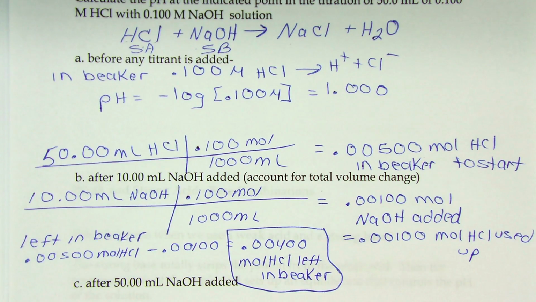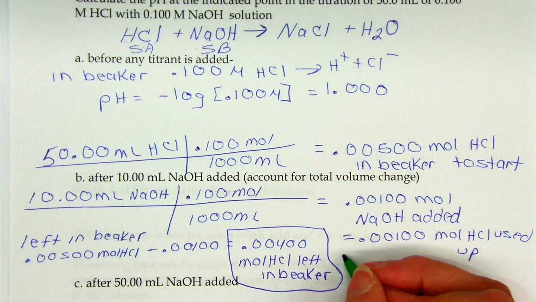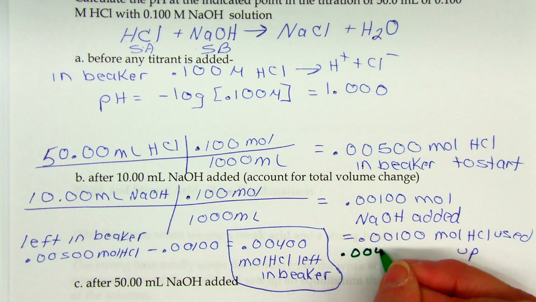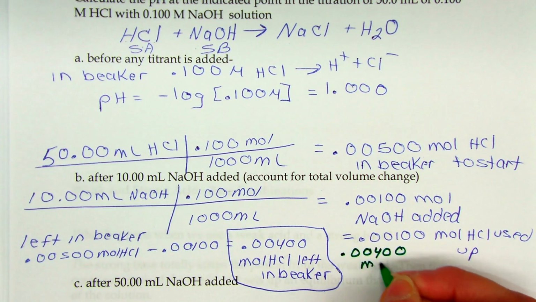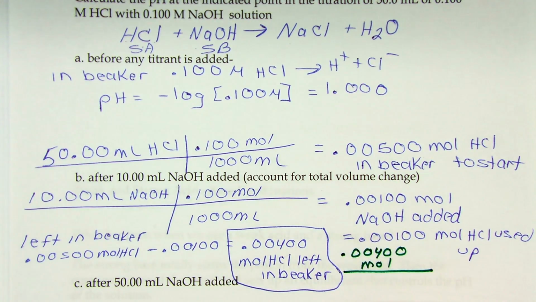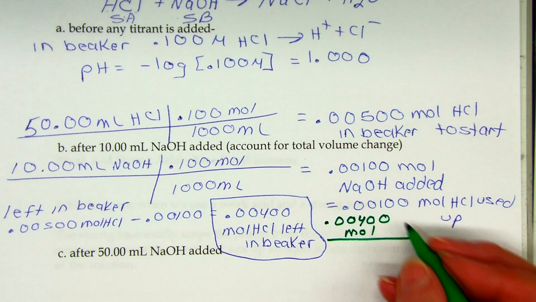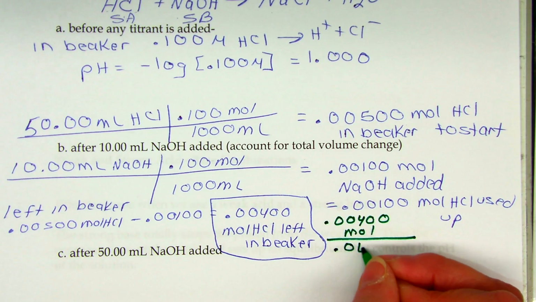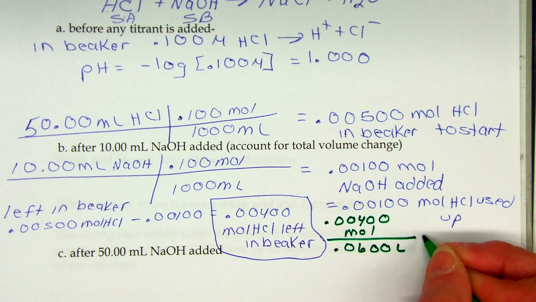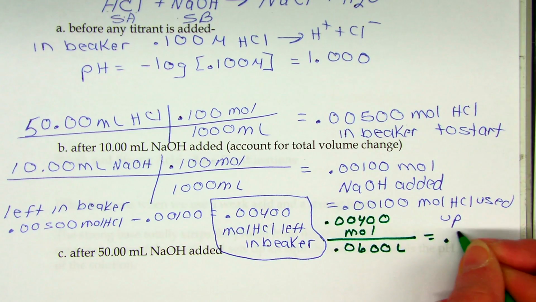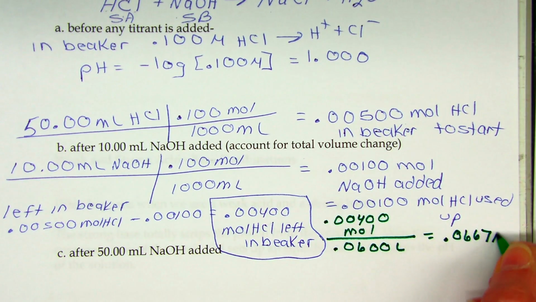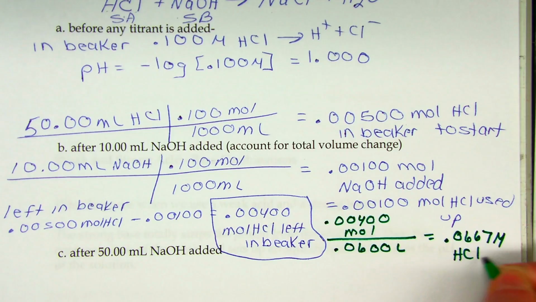Molar concentration of the hydrogen ion. So I have 0.00400 moles, and now it's in a total volume of what? 60 mils. 60 milliliters is 0.06 liters. So I have 0.0667 molar HCl in my beaker.